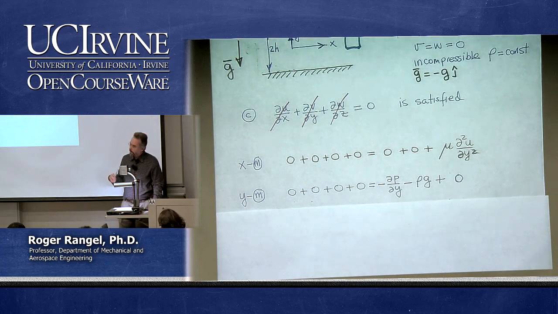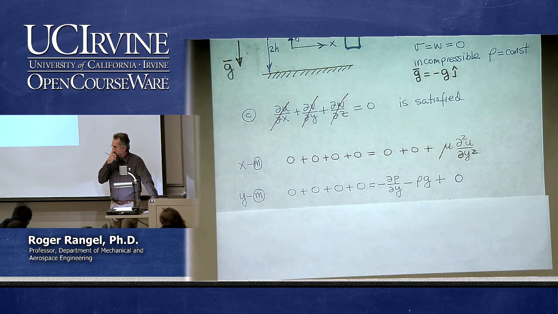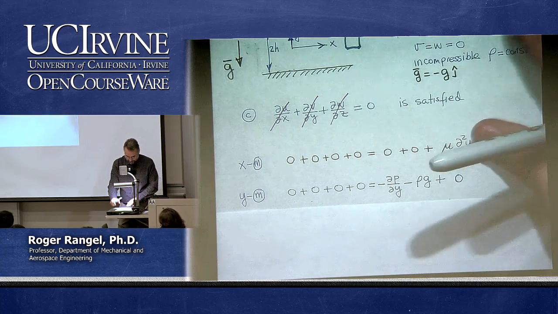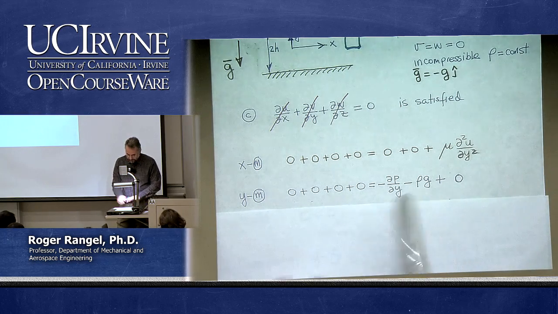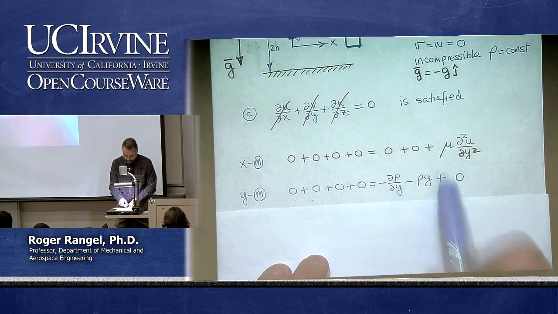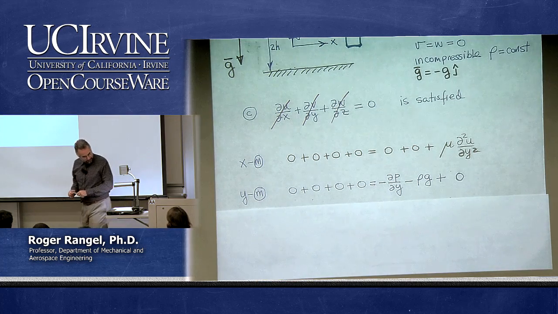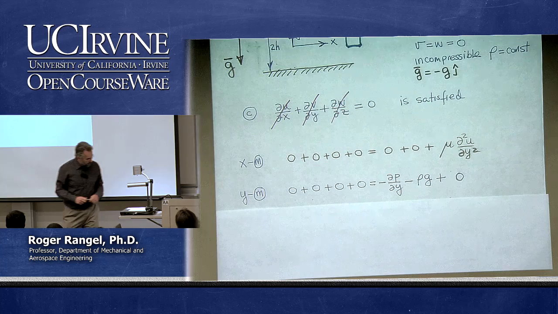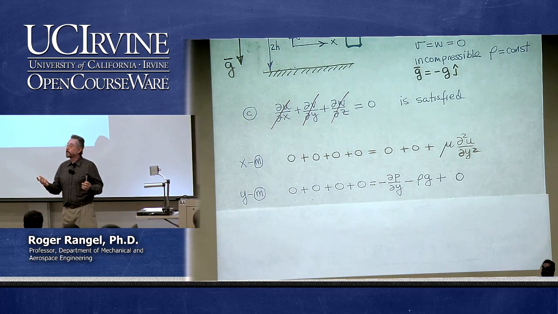So if I solve these equations, I can get the answer that I'm looking for, which is the velocity profile. You can see that in the y direction, there is no velocity in it. In fact, this is something that we have seen before. What equation is that? Minus partial p partial y minus rho g equals 0.